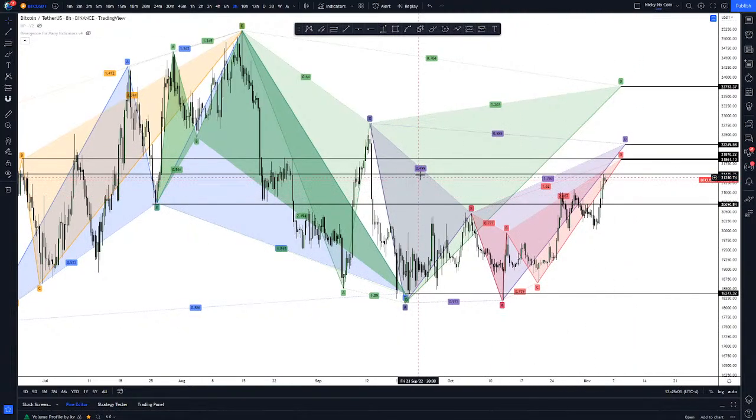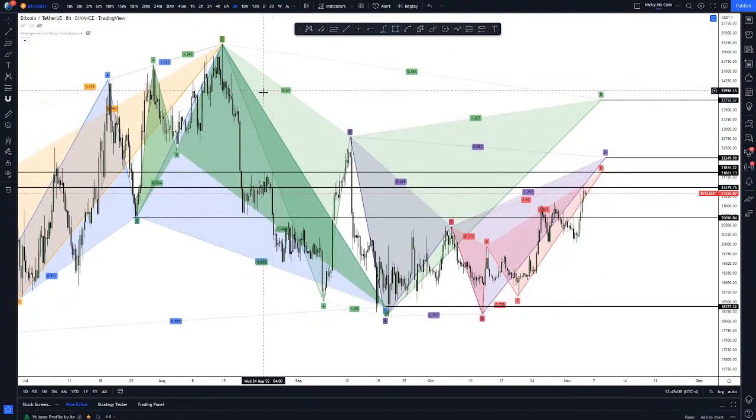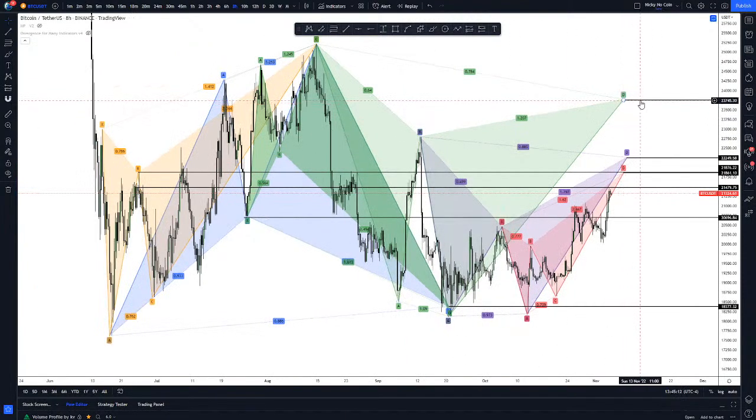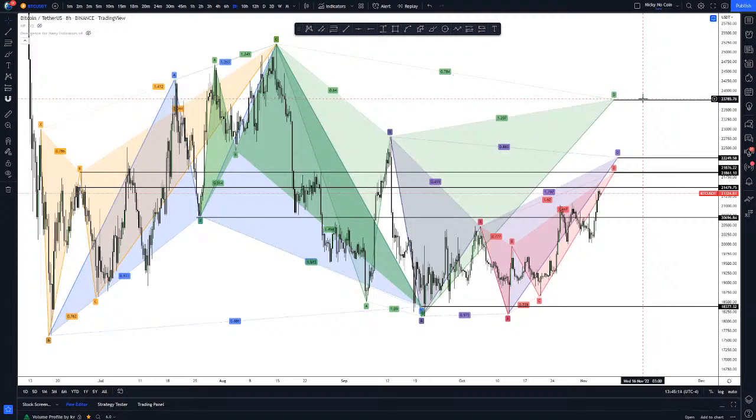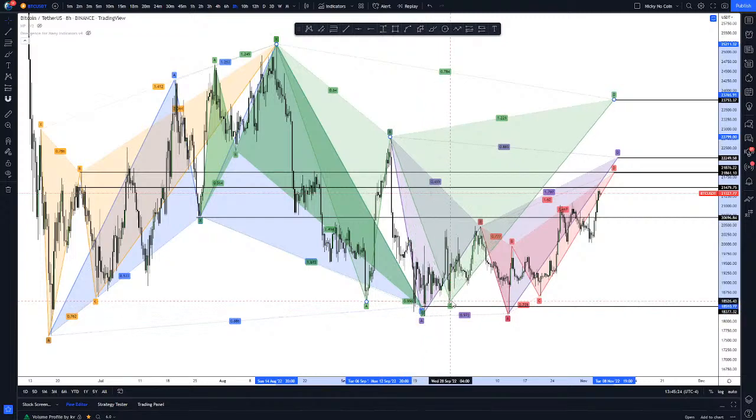We have a bat right here that is calling for about 22.2, 22.3. And then we have a Gartley pattern. So this is about 23.7. If we come up and we tap 23.7, I think we see a nasty, or not, this isn't Gartley, sorry, this is a cipher. The reason it's the cipher is because this right here, the C point, a Gartley would have to be at 886, so it would have to be up here.